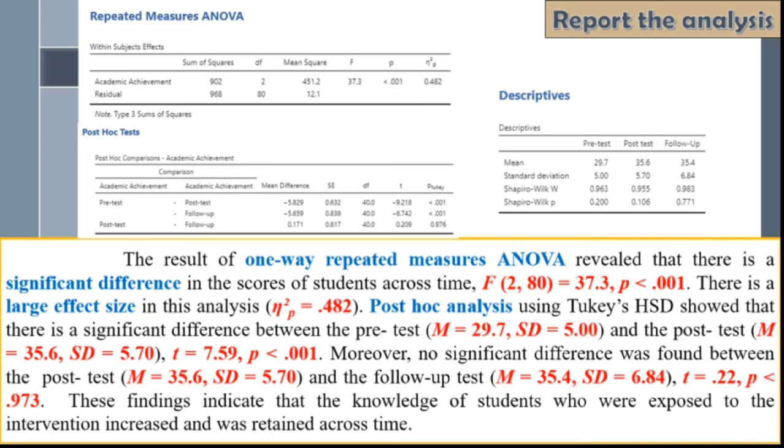Post-hoc analysis using Tukey HSD showed that there is a significant difference between the pretest and the post-test, represented by the given values. Moreover, no significant difference was found between the post-test and the follow-up test, represented by the given values. These findings indicate that the knowledge of students who were exposed to the intervention increased and was retained across time.